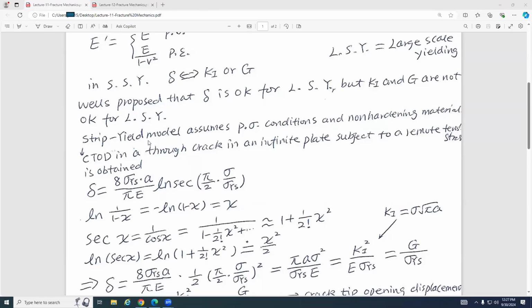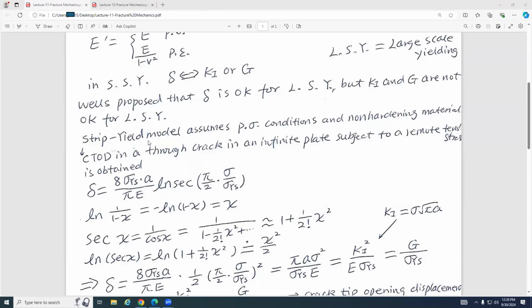Right, okay? Is that okay? Then I just rearrange this one. This is pi squared over 4 sigma ys squared times sigma squared, and you can cancel the pi and sigma ys, and finally you will get pi a sigma squared over sigma ys times Young's modulus.